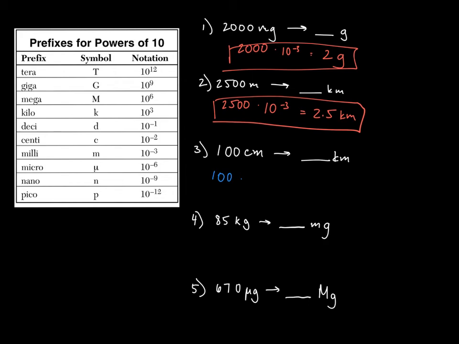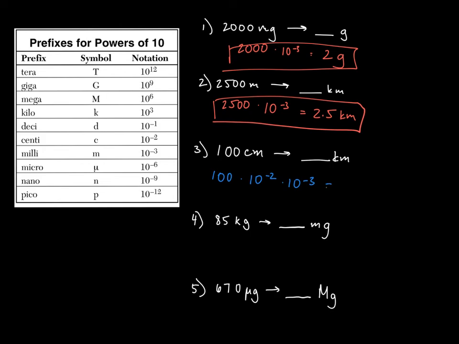So going from centi to base, we multiplied by 10 to the negative 2. But now, going from base to kilo, we're going to multiply this again by the factor, but remember to negate the exponent. So times 10 to the negative 3, because this is a two-step kind of a thing. Going from centi to base, times 10 to the negative 2, from base to kilo, 10 to the negative 3.